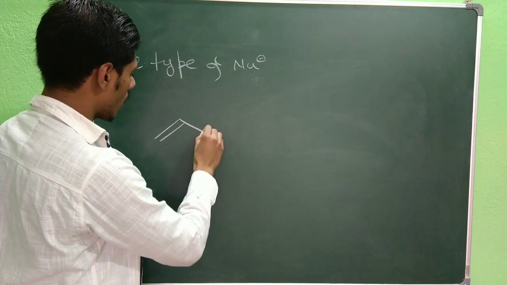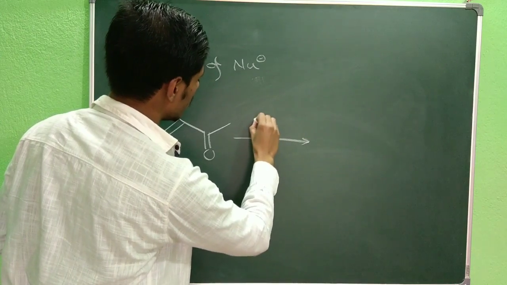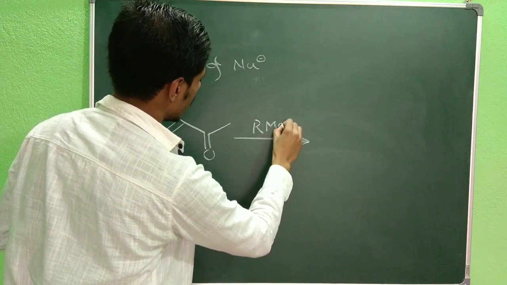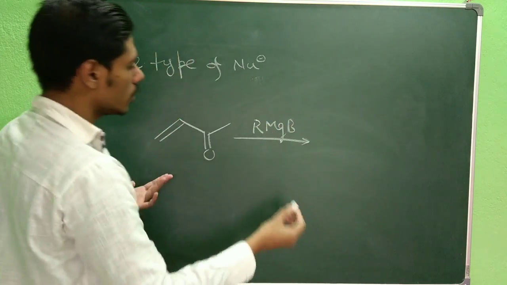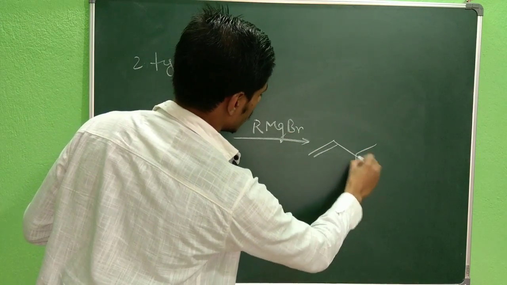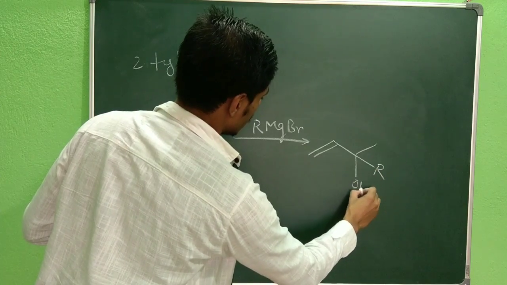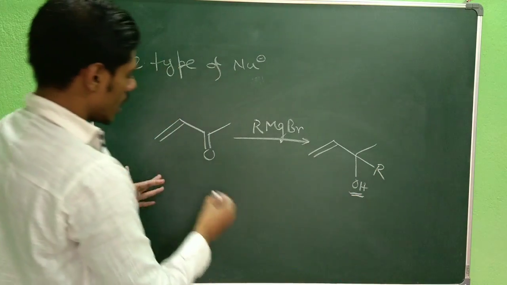So if you have an alpha beta unsaturated carbonyl compound, and you react it with Grignard reagent, that is RMgBr, what will be the product? The major product will be the addition across this carbonyl group, and that will give you this alcohol, right?